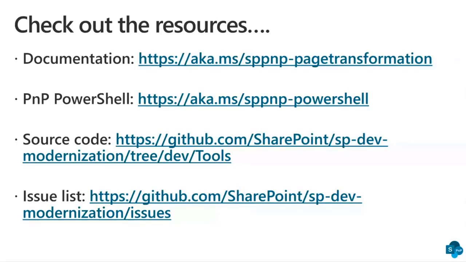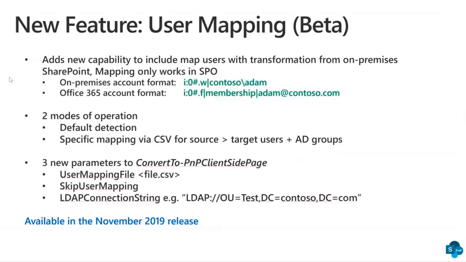So a little bit about the user mapping capability we've added. The typical problem we had with on-premise transformations is that the user account format differs from that of SharePoint Online, so we can't just copy the text from one to the other. The account formats are different, so it doesn't work. So we've had to build in extra capability to try and resolve these account formats to their online equivalents.